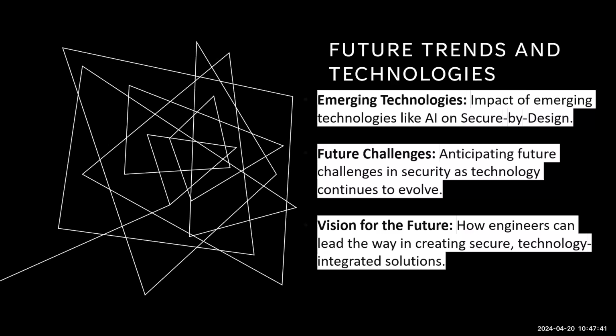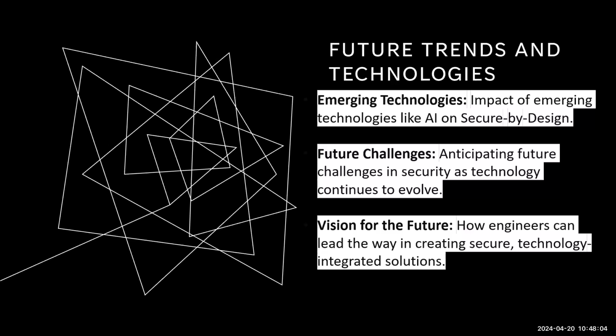Also, anticipating future challenges as technology evolves. There's a lot happening right now. Watch for quantum computing. It's going to happen also. It's already starting. IBM has already developed a quantum computer, and there are other issues that we have to look into as well.